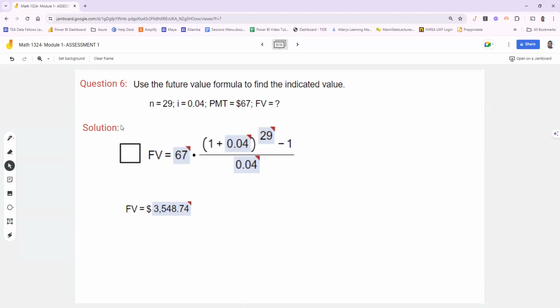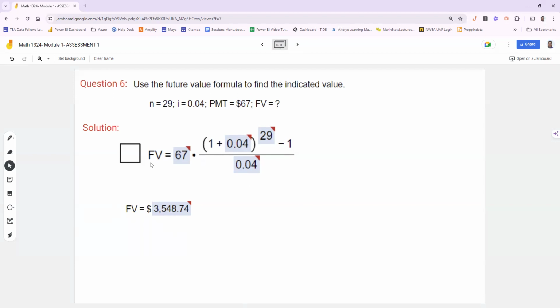Question 6 is on the quiz. It comes in 2 parts. In the first part, they're going to give you some numbers and values, and you're going to pick the right equation and place numbers accordingly. In the second part of the test, you have to find the number that this equation yields. So it is asking you for the future value formula.